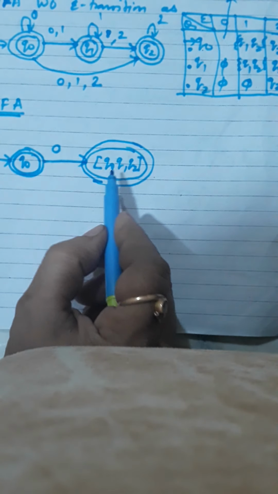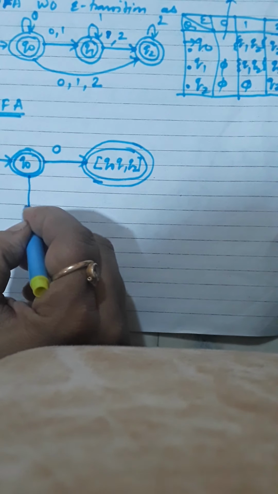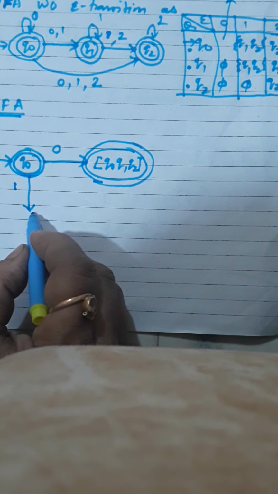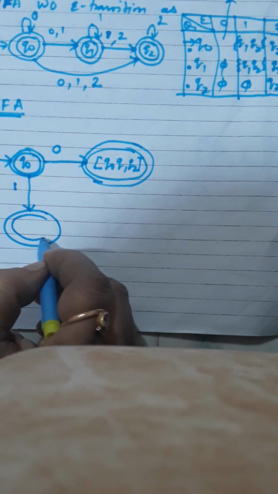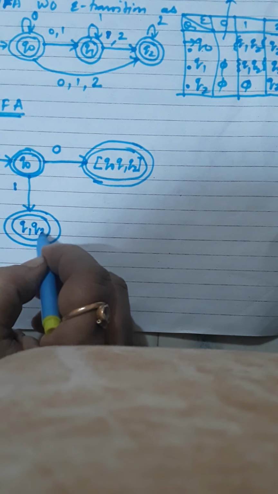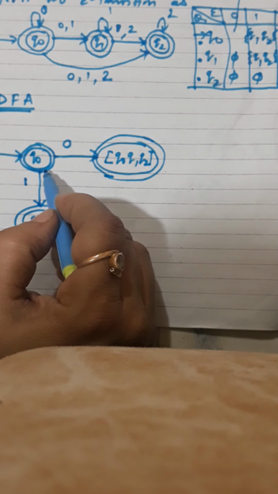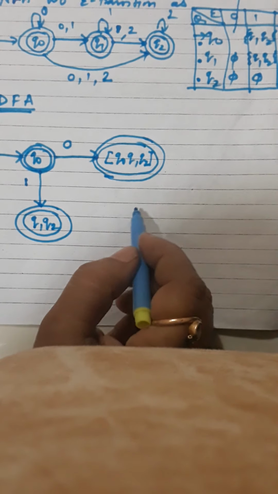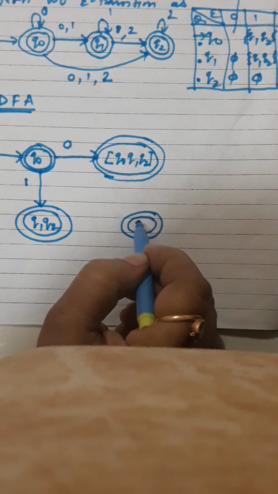Q0 on 0 moves to a state named Q0, Q1, Q2, which is also final because all are final states. Q0 on 1 moves to a state Q1, Q2, so I need one more state. Q0 on 2 moves to a state named Q2.